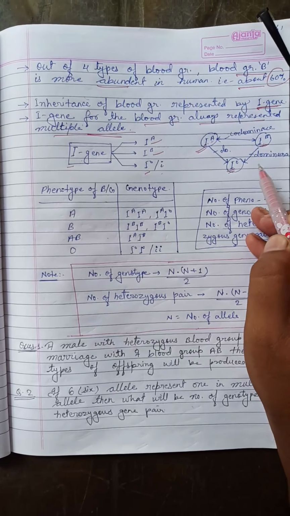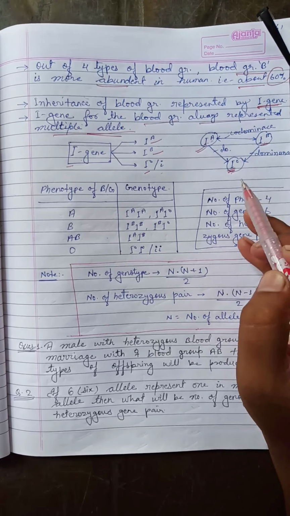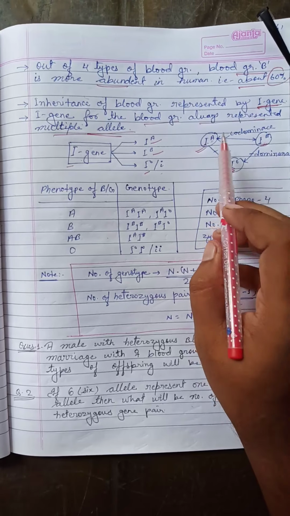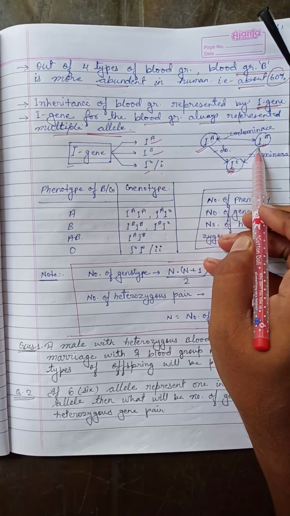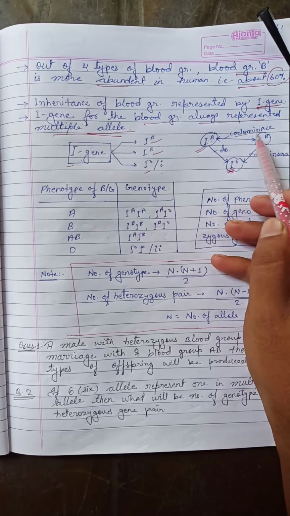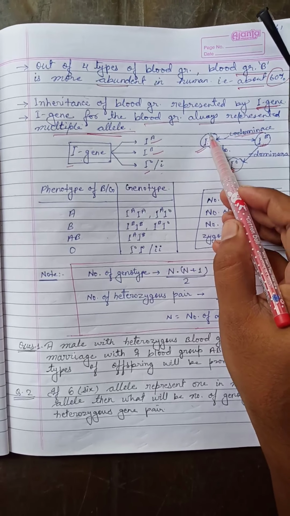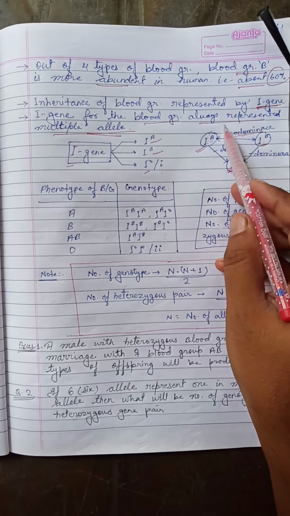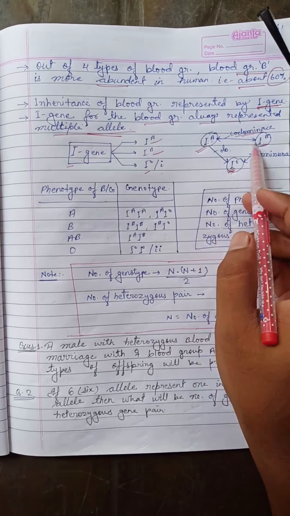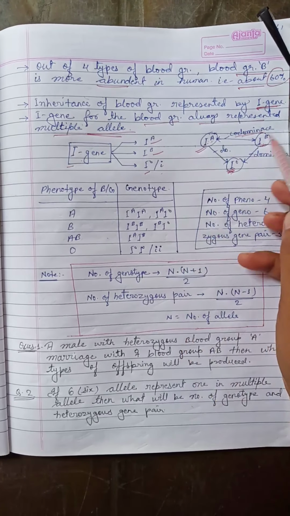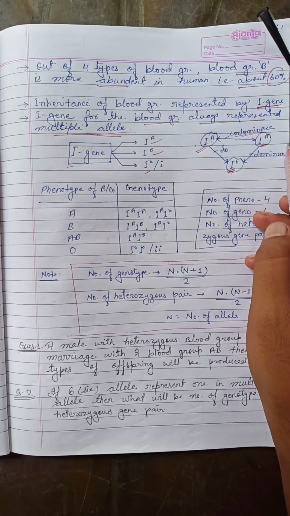IB is also always dominant over IO, but IA and IB are always codominant to each other. That means A will not suppress B and B will not suppress A. Both will be expressed. That's what is called codominance.